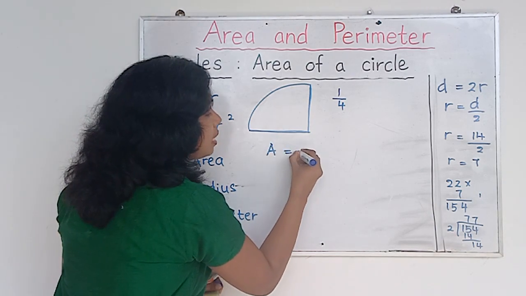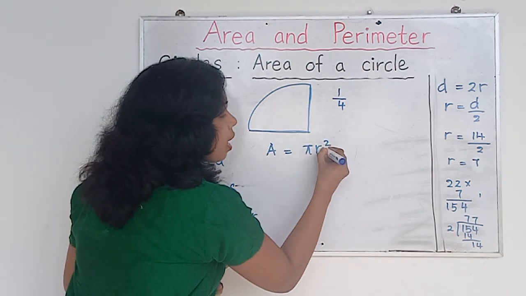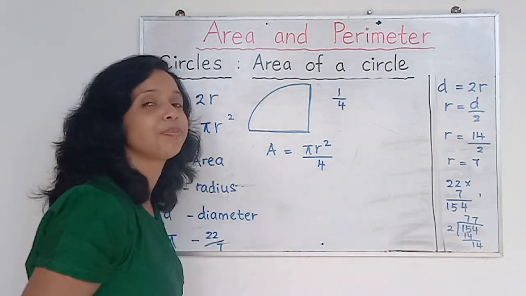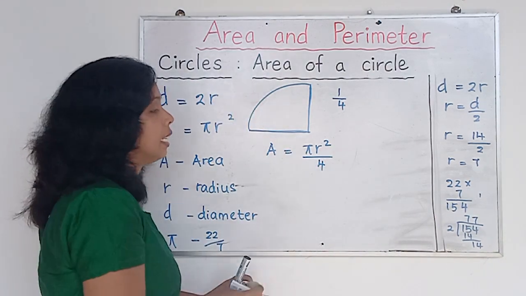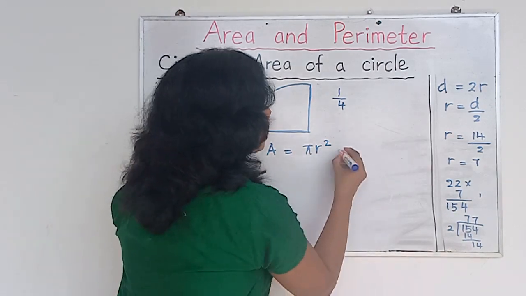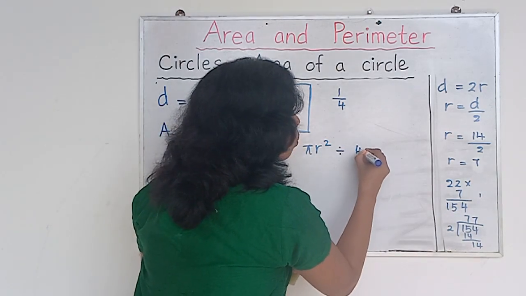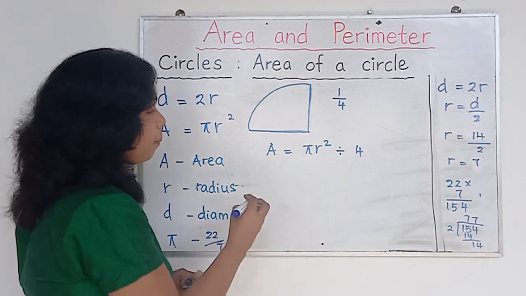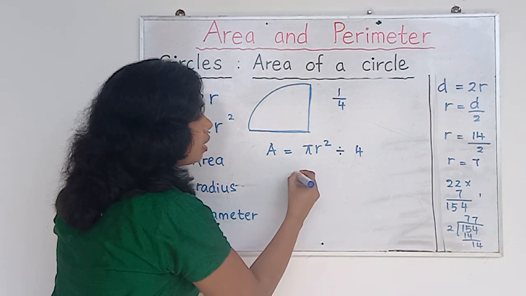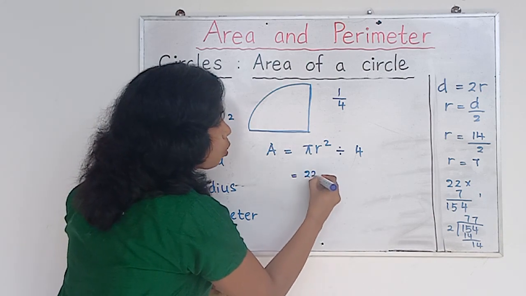A equals πr squared divided by 4. Again, I don't use this pattern. Instead, I write it as divided by 4 because it's easier for me to calculate the sum. Right. Then for π, I use 22 over 7.